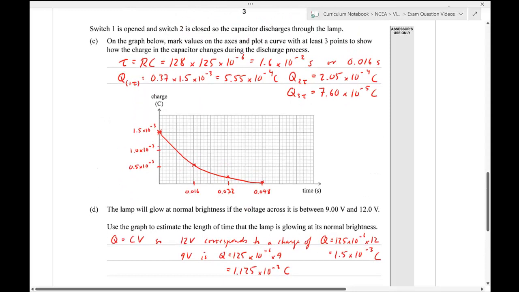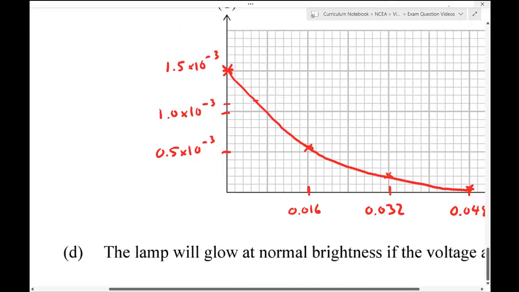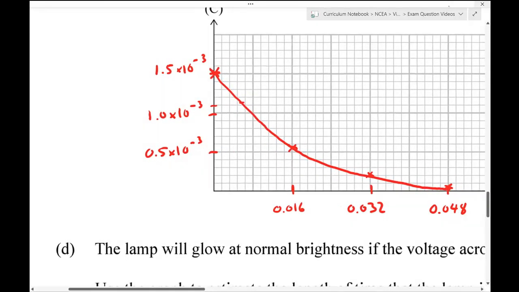Okay, and let's find out where that is on this graph. 1.125. So it's just about there. So the time is here. If this is 0.0, that's half of 0.016, so this is 0.008.